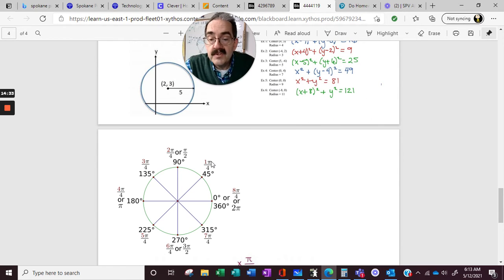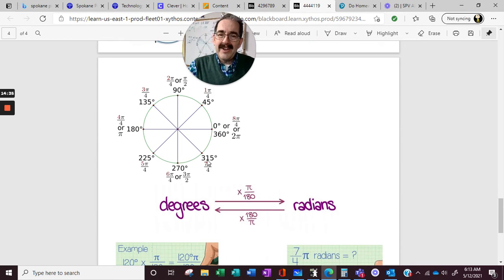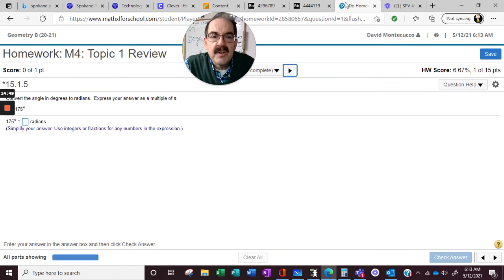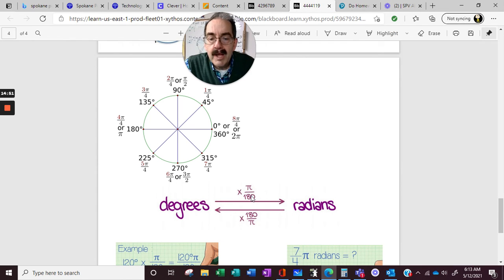It defaults to radians because it's a more accurate way of calculating. So degrees to radians. Multiply by pi over 180. From radians to degrees, just multiply by 180 over pi. So let's see what our problem was. We have degrees, multiply by pi over 180.